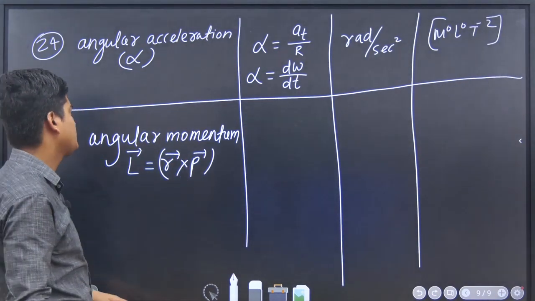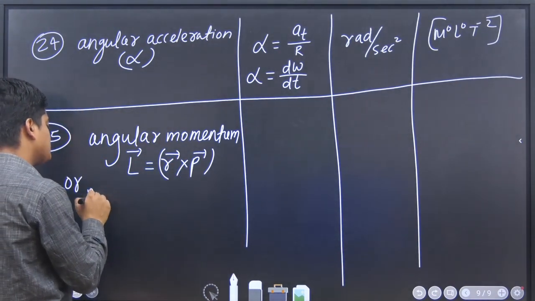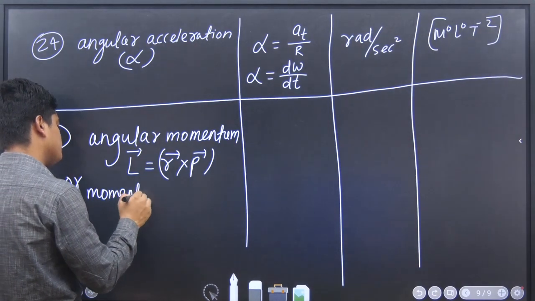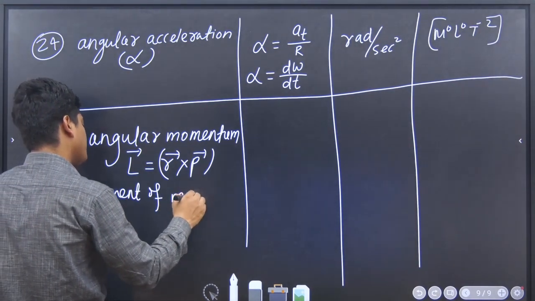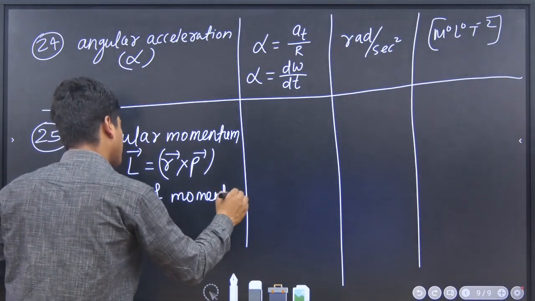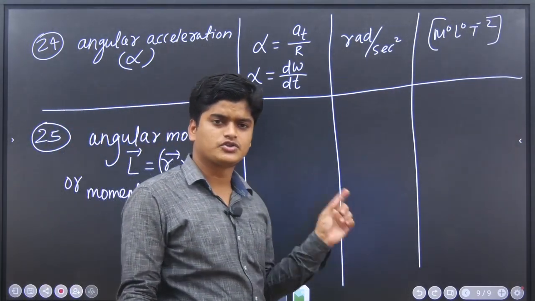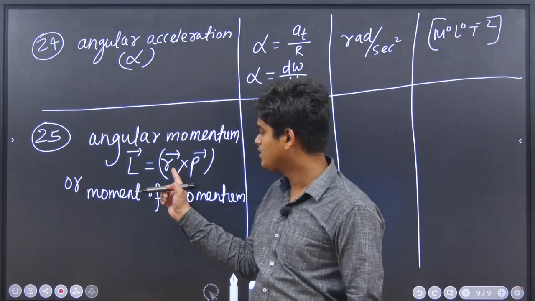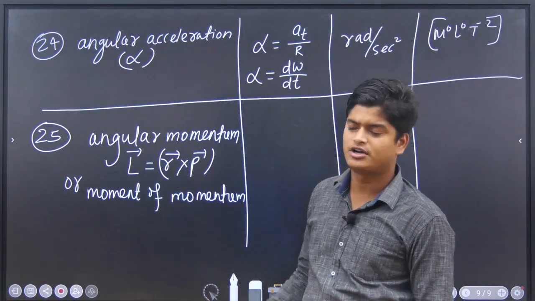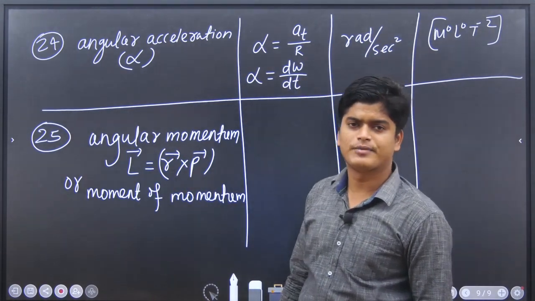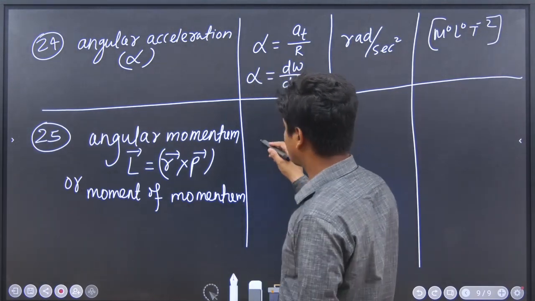It is a vector quantity, or sometimes you can call it moment of momentum. Moment of momentum is also called angular momentum. So when the word moment comes, that time r cross will come. So r cross momentum. So moment of linear momentum is basically angular momentum.